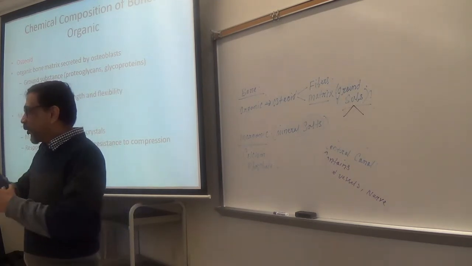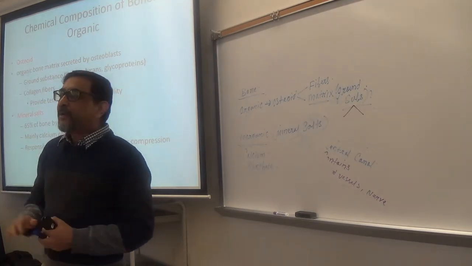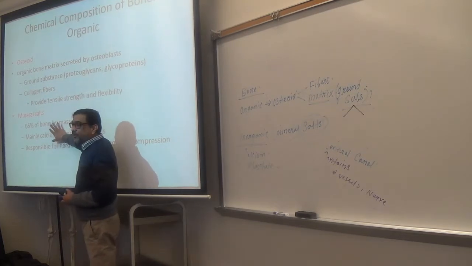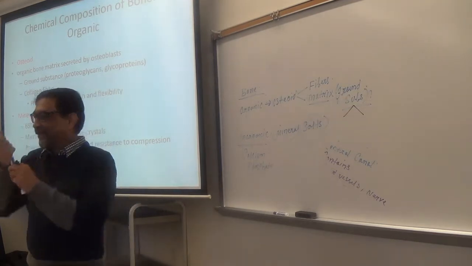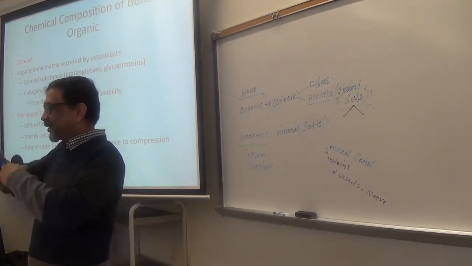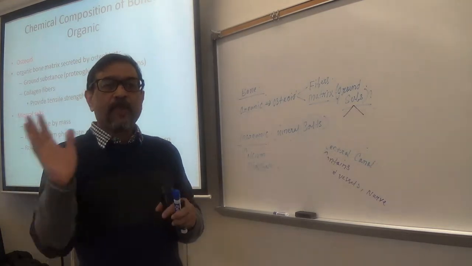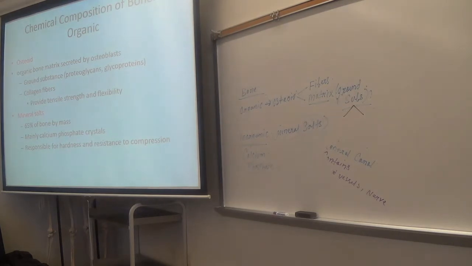So that bone will be very fragile. But if I keep the fibers but destroy the mineral salts, then what will happen? You will see it will be very flexible. But the hardness is gone. Make sense? So those two together give the strength.